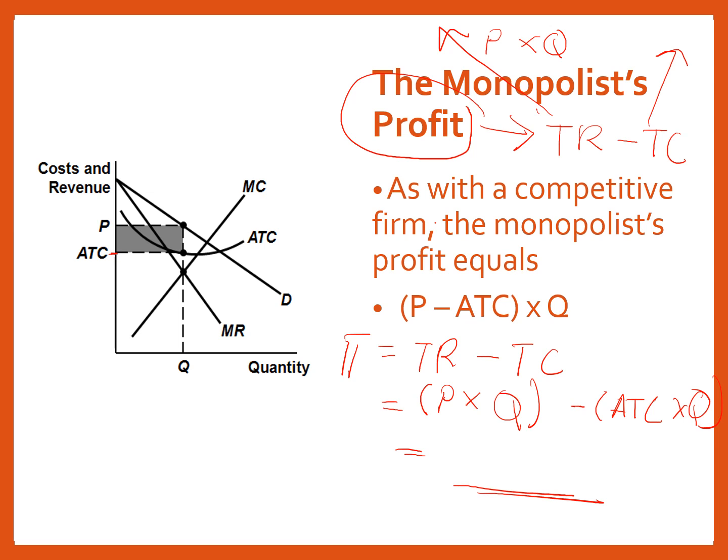So P and Q. How do you get the value of P and Q here? Remember, for profit maximization, the MR is touching the MC. MR is equal to the MC. So this is the MR and this is the MC. Touching at this point, you put point E. Then you drag upward, it must touch the demand curve.